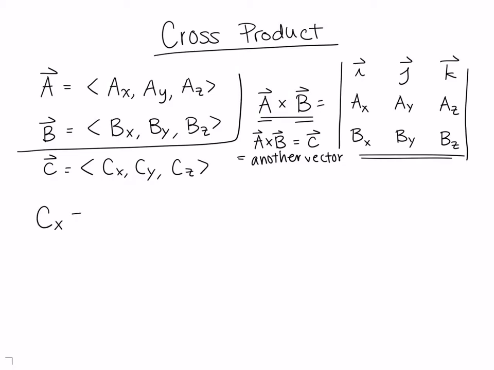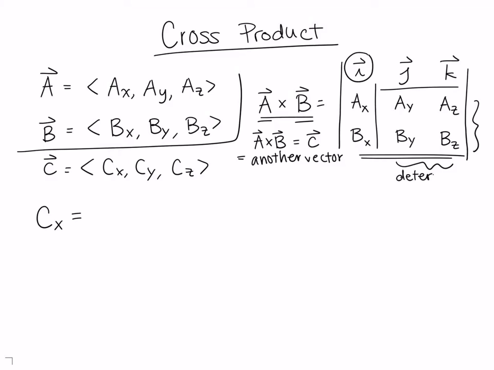So when we're looking for the component CX, we want to look at our unit vector I, which represents X, and we'll eliminate this top row and the leftmost column. So we end up with this 2x2 matrix, and we want to find the determinant of this.